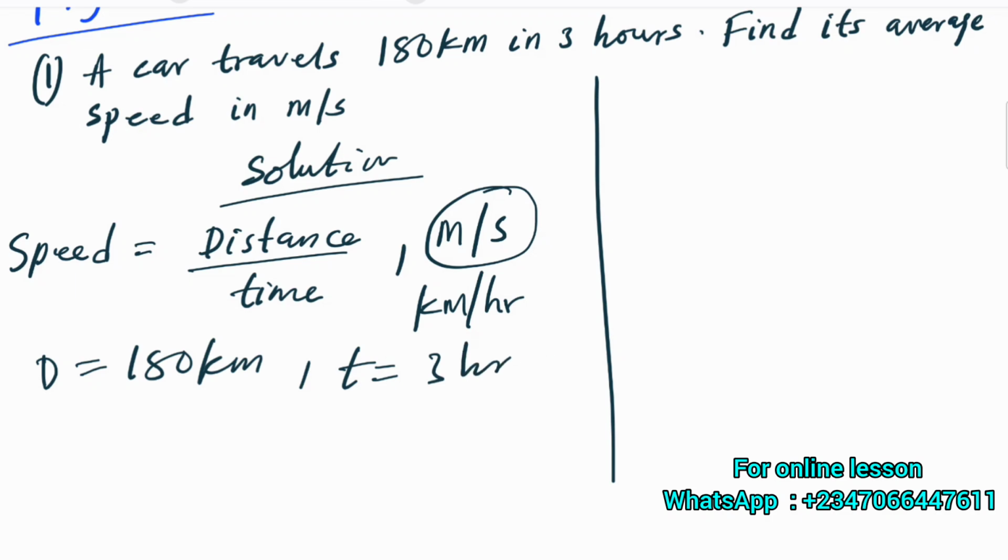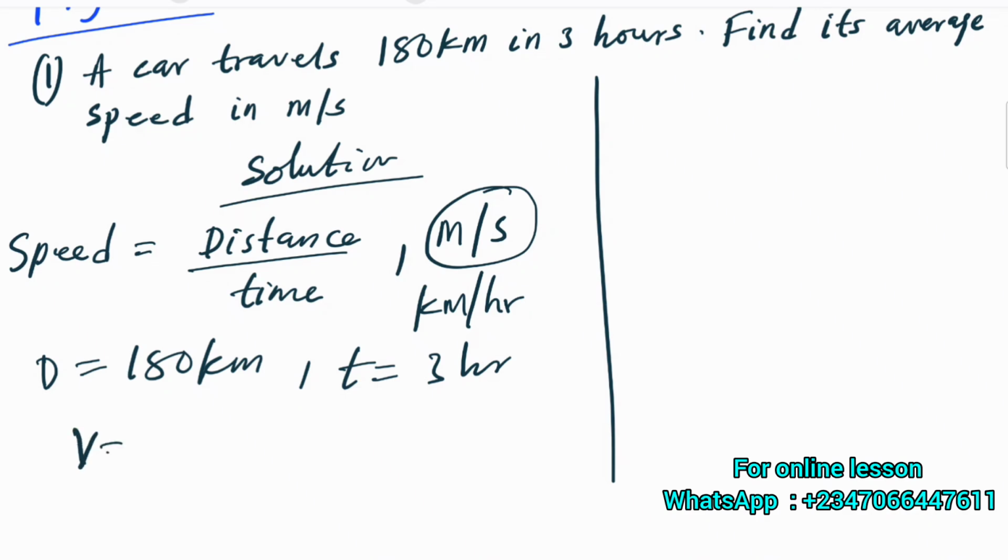What we just need, first of all, you can convert kilometer to meter first, and also the time in hour to seconds. But if you don't want to do that, simply work with these values and then convert later. So let's work with that value.